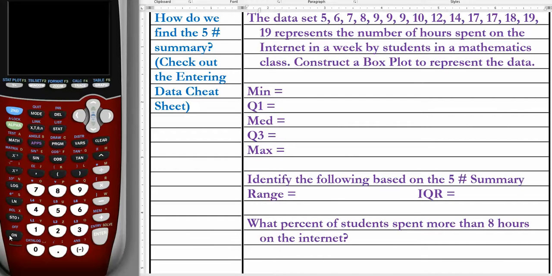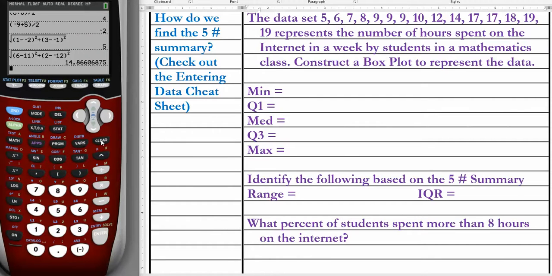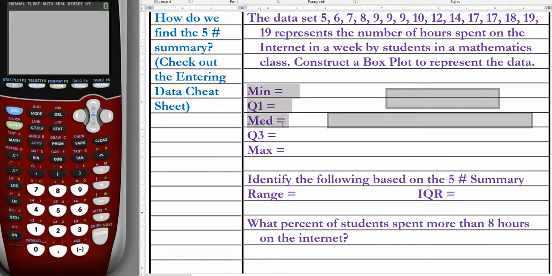And the way you're going to do this is you're going to use the calculator. The calculator is your friend. Instead of you having to do all this work, the calculator will find all 5 of these values and more whenever you try and do box and whisker. Eventually I'll even show you how the calculator will make the box and whisker for you.